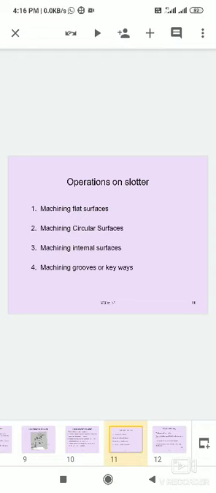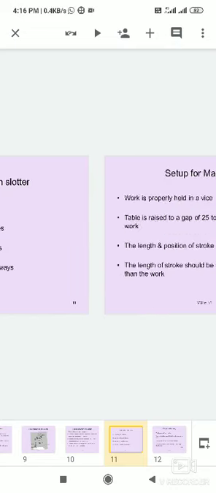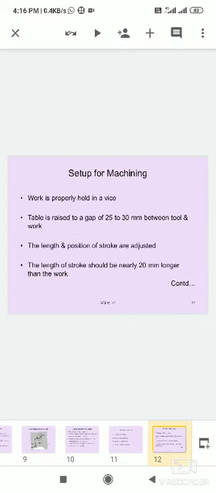Various slotter operations. Setup for machining: work is properly held in a vise, because once the workpiece is held in the vise it cannot be disturbed until the completion of the operation, that is slotting, drilling, or any operation.